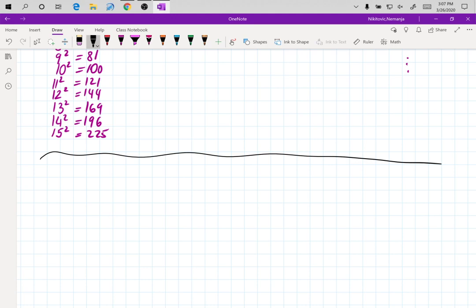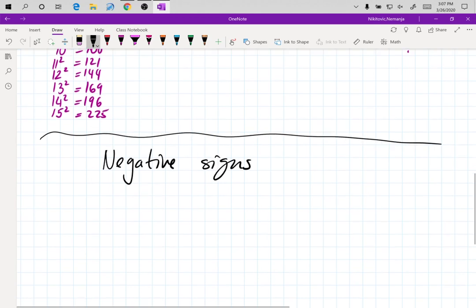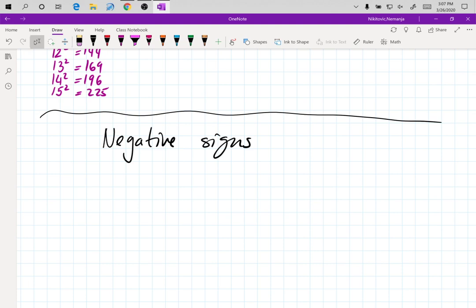So let's do negative signs first. Before I talk about negative signs, I will remind you of PEMDAS. Parentheses, exponents, multiplication, division, addition, subtraction, right?